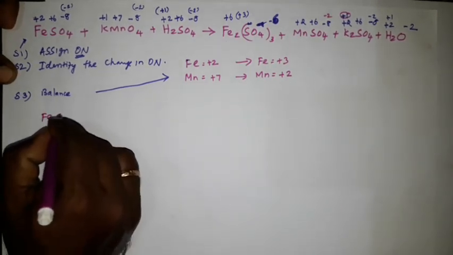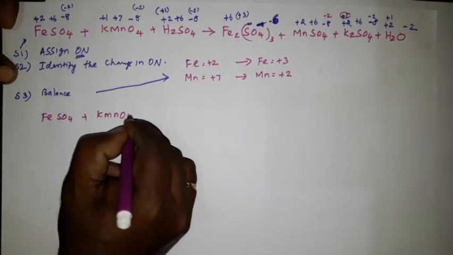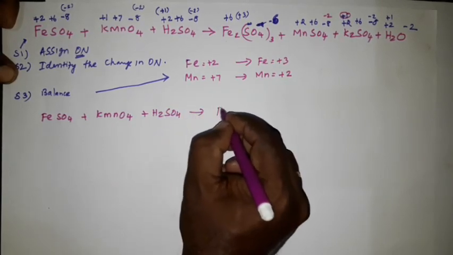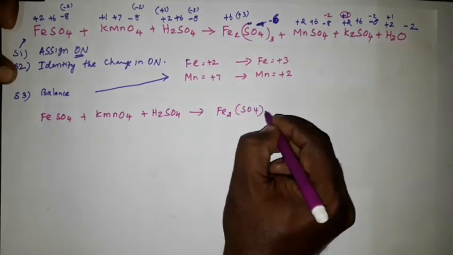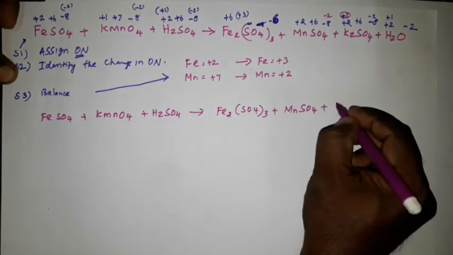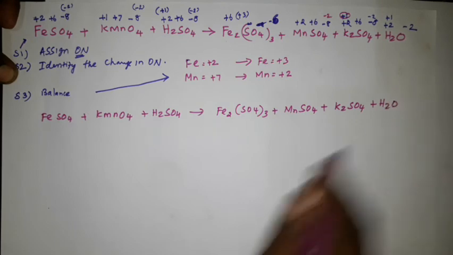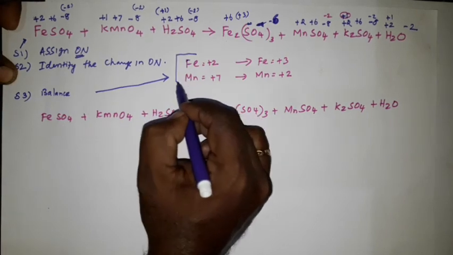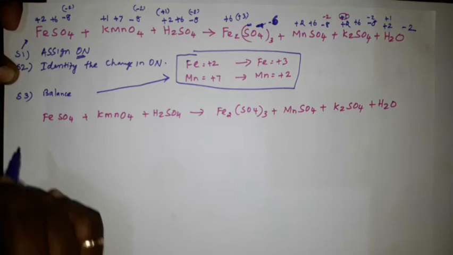FeSO4 plus KMnO4 plus H2SO4 gives Fe2(SO4)3 plus MnSO4 plus K2SO4 plus H2O. See, now you are going to balance only these atoms, only iron and manganese. Okay.